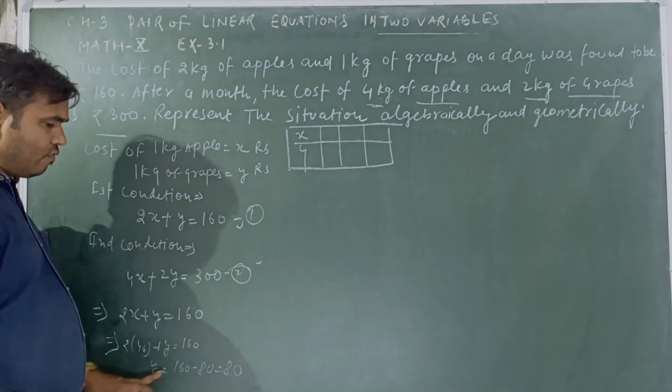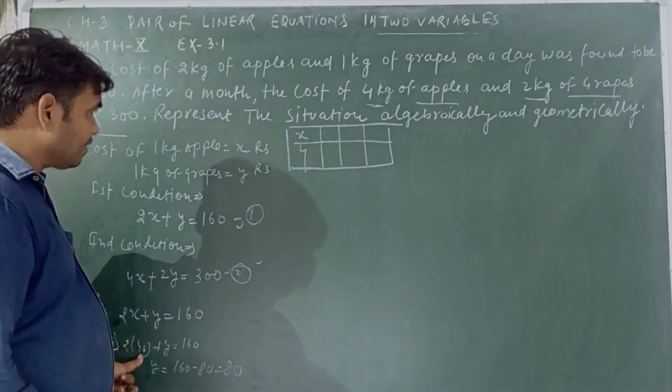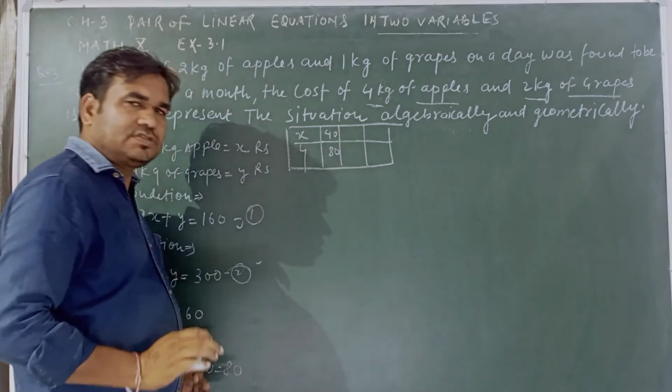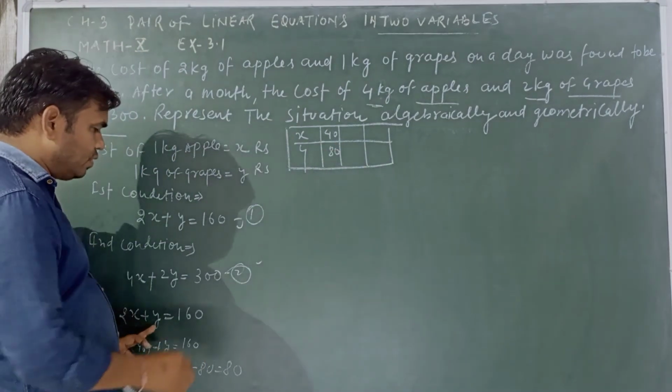So the value of y is 80 and the value of x is 40. So 40 and 80 is the first point, and second we put again.